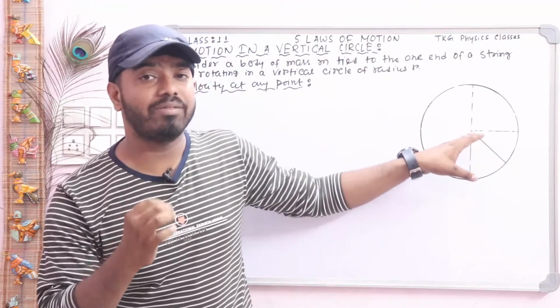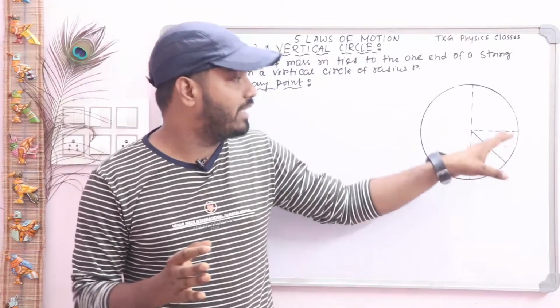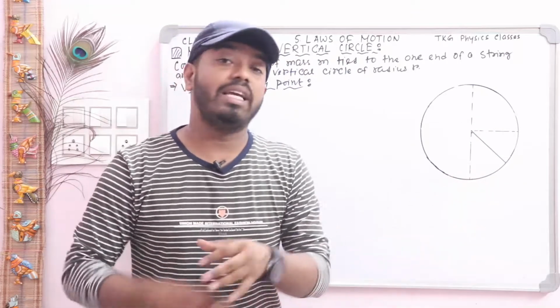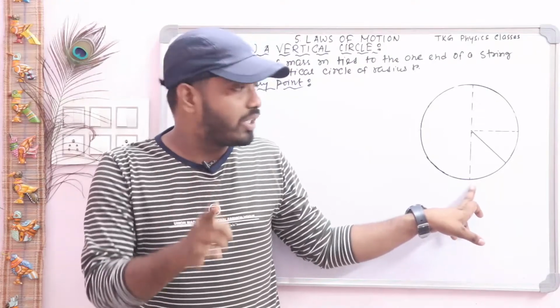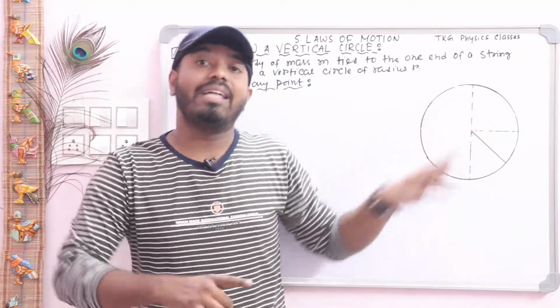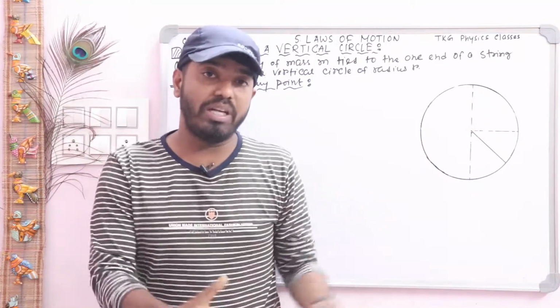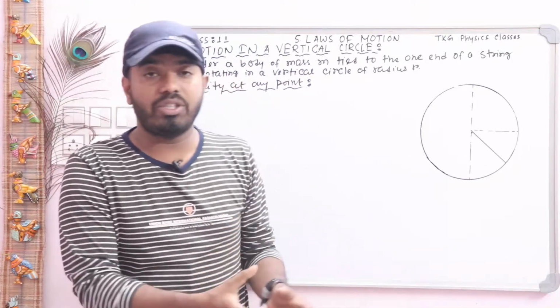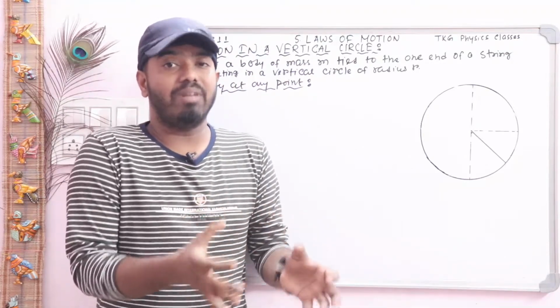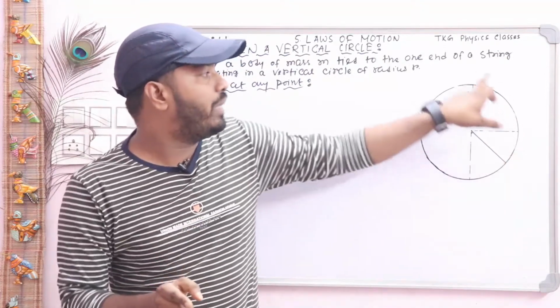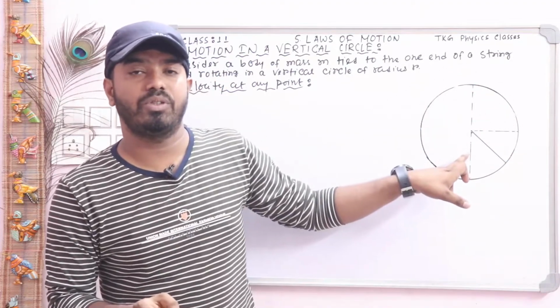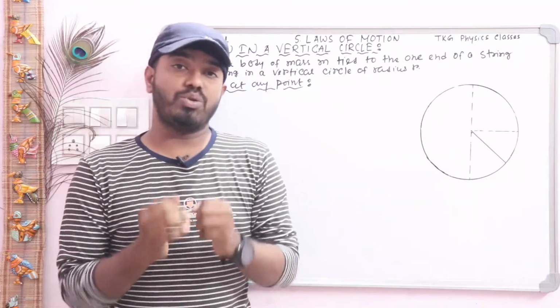You have to derive the tension in the string at any point. Then you have to derive the tension at the lowest point, and the tension at the highest point, and you have to define some conditions. You have to find the minimum velocity at the lowest point for which the body completes the loop. So this is all about today's class.